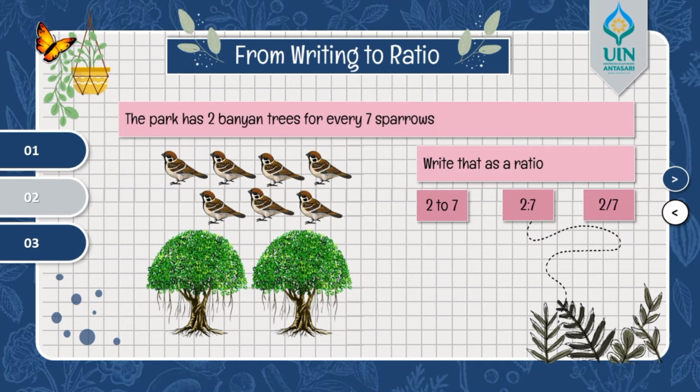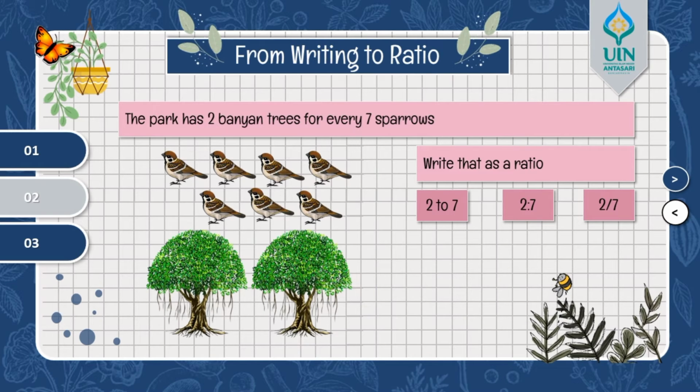First number goes first, the second number goes second, unless it said the park has 2 banyan trees and 7 sparrows, write this as a ratio of sparrows to banyan trees, then it would be switching things. But for the most part, unless it's a trick question, you just write it in the order that it appears in the word problem.